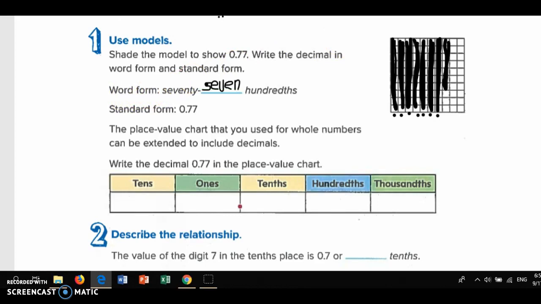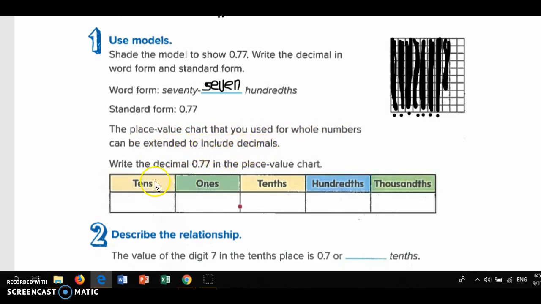There you go. Remember, you can stop the video anytime so that you can fill it in your book. 77 hundredths. The standard form is 0.77.